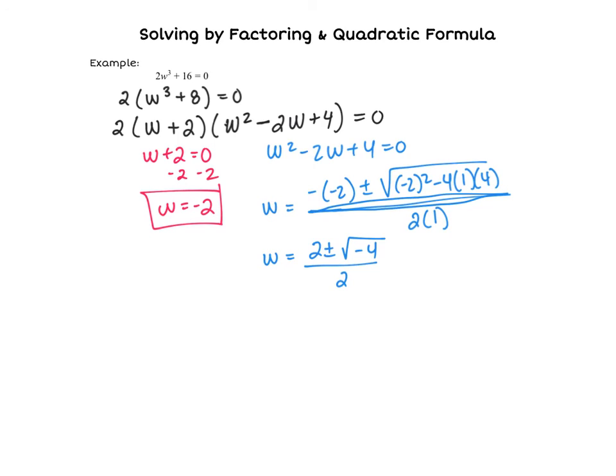So now I'm going to simplify this fraction and I'm going to get 2 plus or minus 2i over 2. And all 3 of those numbers divide by 2. So I'm just left with 1 plus or minus i. So again, remember, these are 2 solutions, 1 plus i and 1 minus i. And that is it. Now let's go practice solving with factoring and quadratic formula.